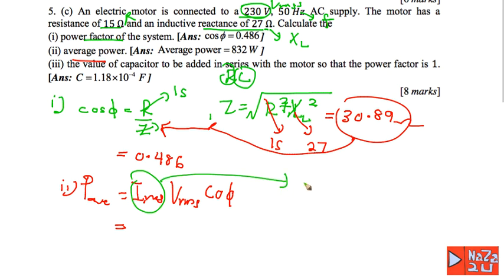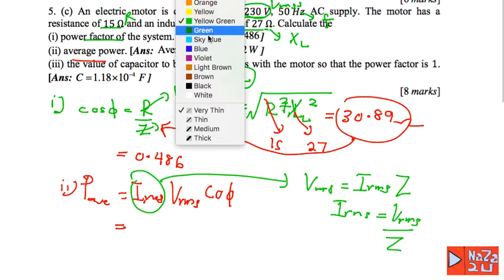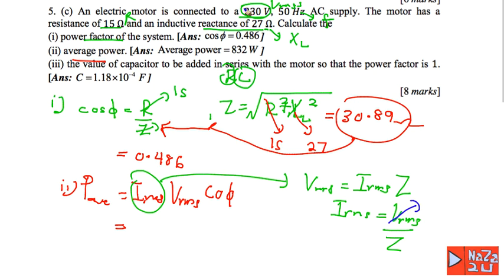You can use the equation V RMS is equal to I RMS times Z, so I RMS is equal to V RMS divided by impedance Z. V RMS is equal to 230, and Z comes from the answer to number 1, 30.89, and you can find the value of I RMS.